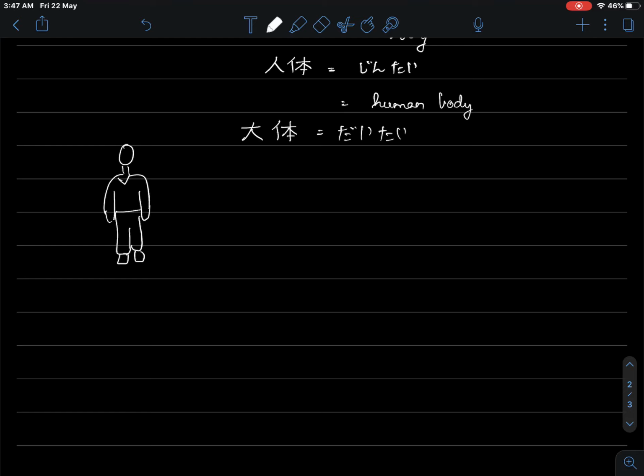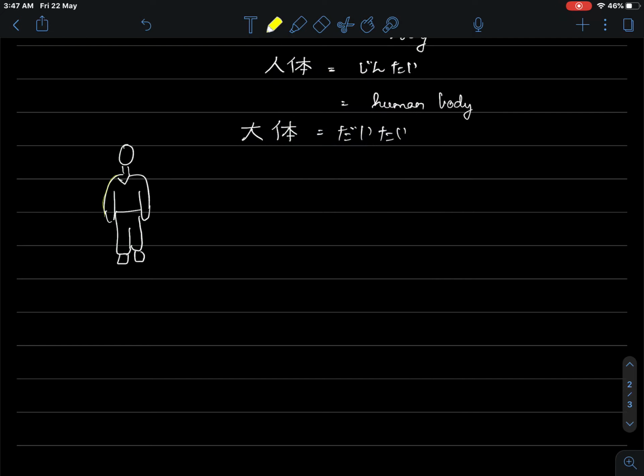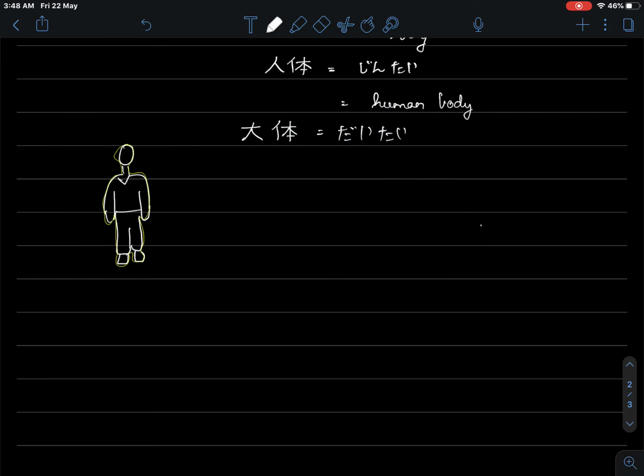Now, this person, instead of thinking of them as big or small, think of the first kanji as representing only this part. You know, the way in which the person is going to look their biggest, and they will look their biggest when you take their outline, right? Instead of talking about a person's face or their arms or their legs, you're talking about the entire outline of the body. So this means outline.